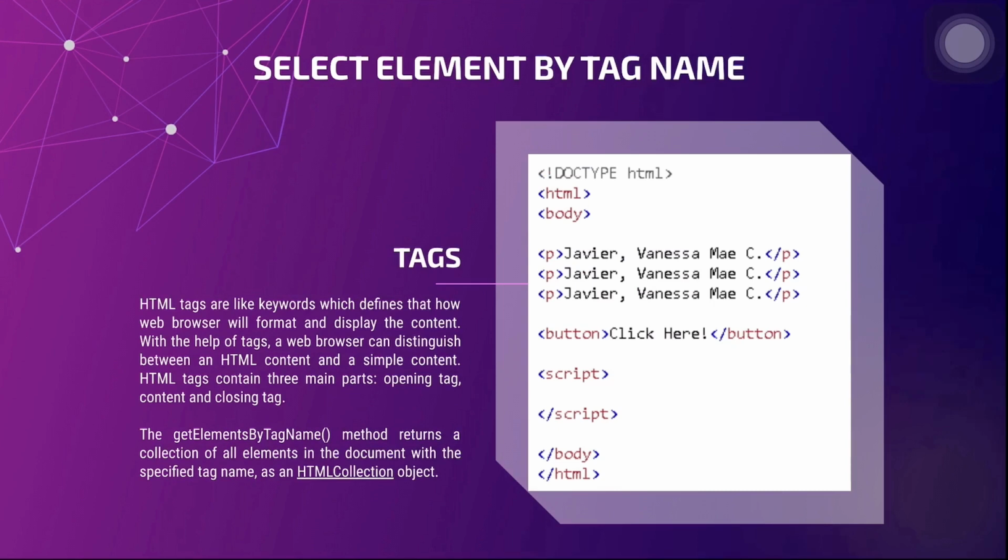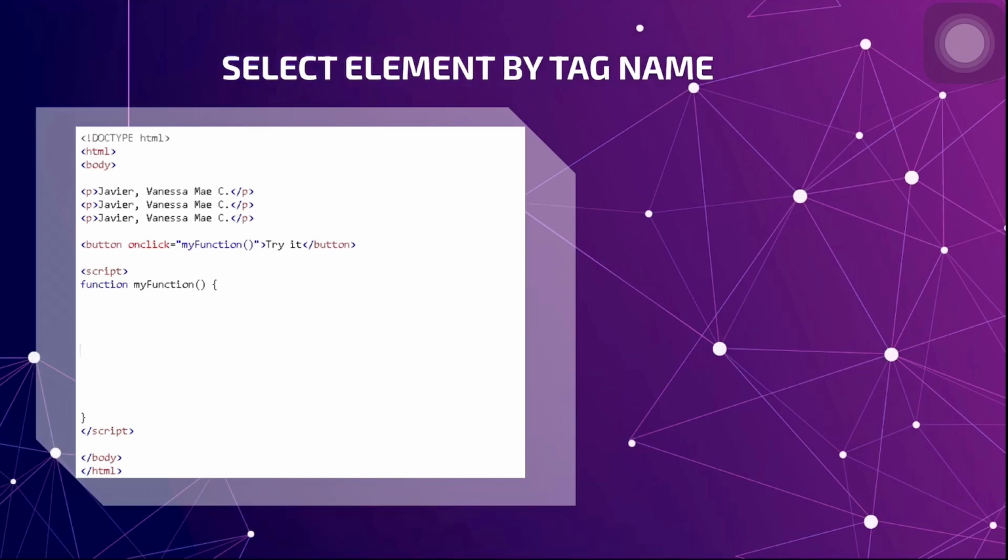Okay, so here we have 3 different paragraph elements and also a button that has a click here text. So in this example, I'm just going to repeat the things I did earlier with our button. And right now, it is still not working as we haven't defined our function yet, and this would be its initial output.